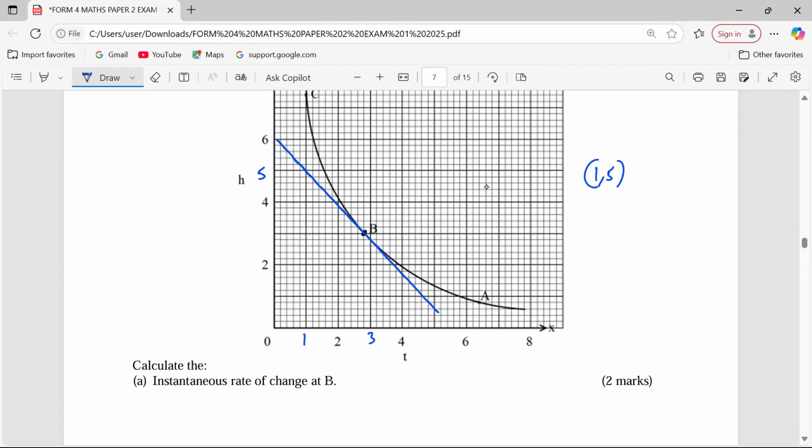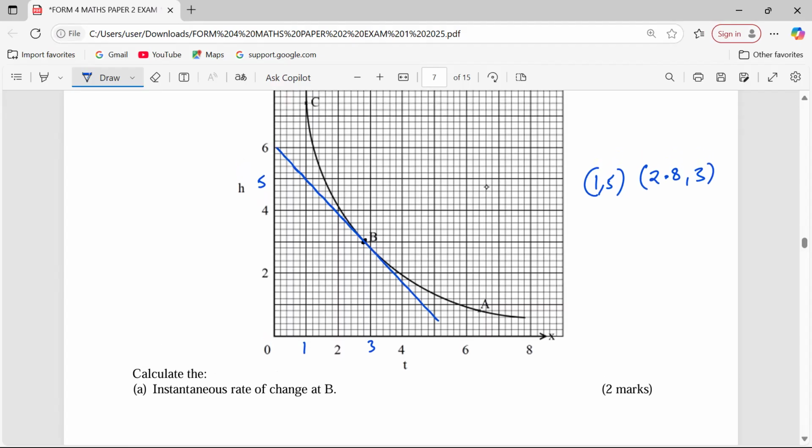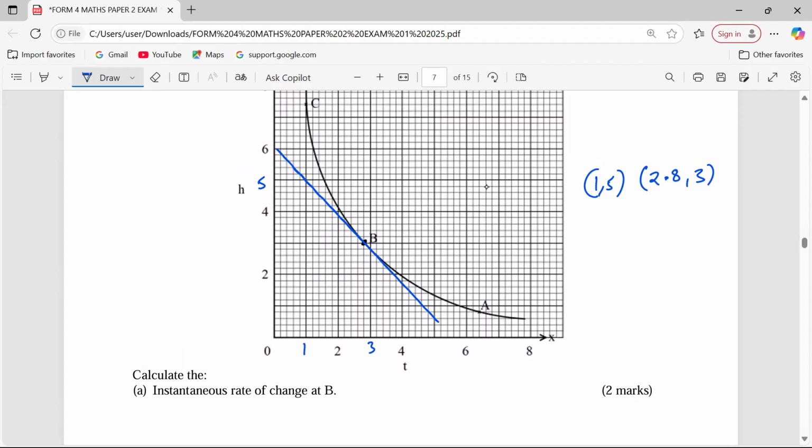So 2.8 and 3. Yeah, 2.8 and 3. So with this, we can get the gradient to give us the rate of change. So 3 minus 5 out of 2.8 minus 1. So this is going to be negative 2 out of 1.8.